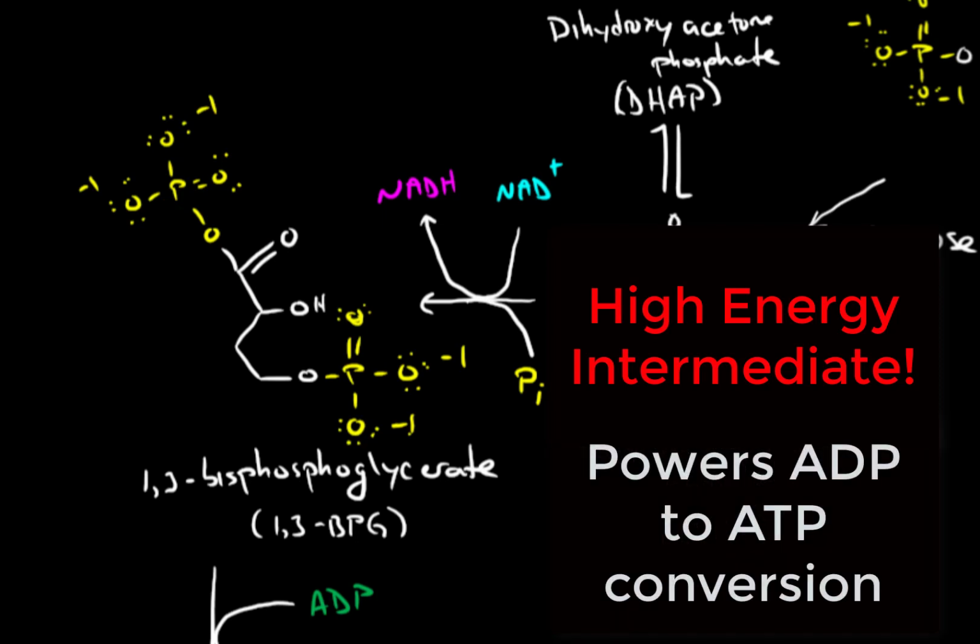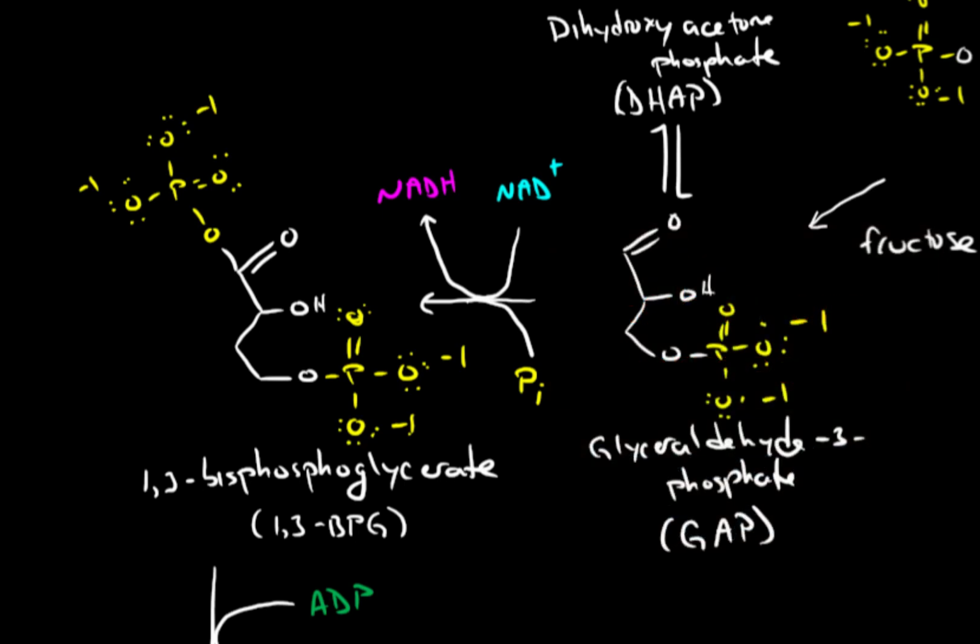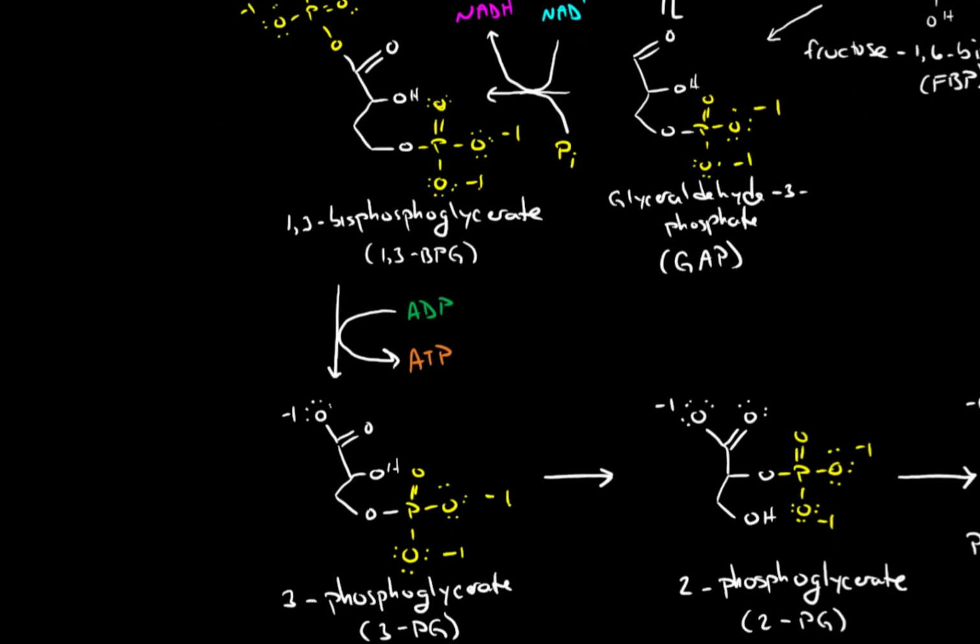Forming these high energy intermediates is what's needed to make ATP from ADP, and this is the first place in glycolysis that we're able to do that. Since we have 2 equivalents of 3-carbon chains, we create 2 equivalents of ATP when we convert our 1,3-bisphosphoglycerate to the next intermediate, 3-phosphoglycerate.